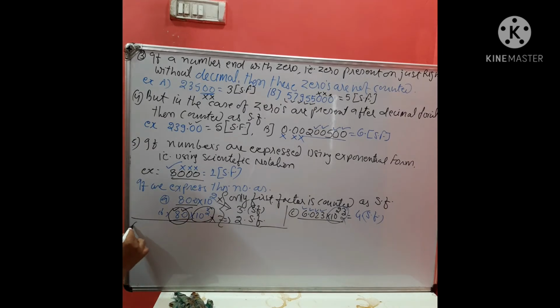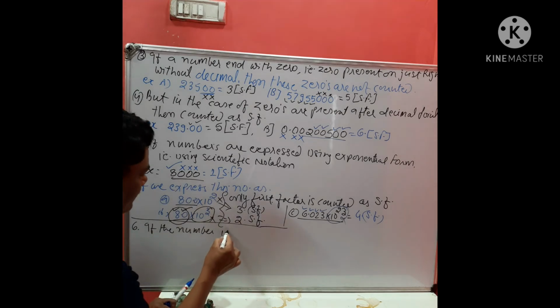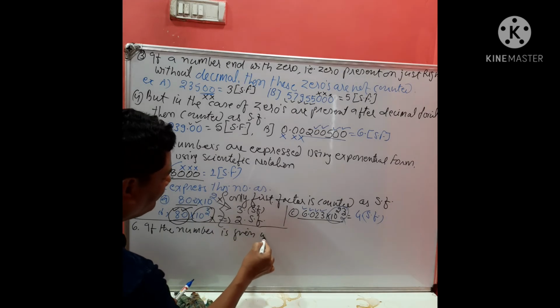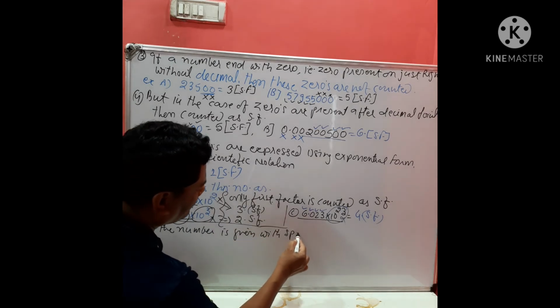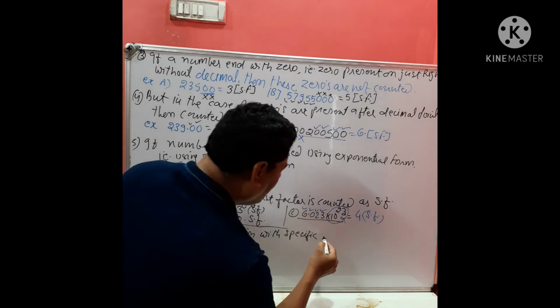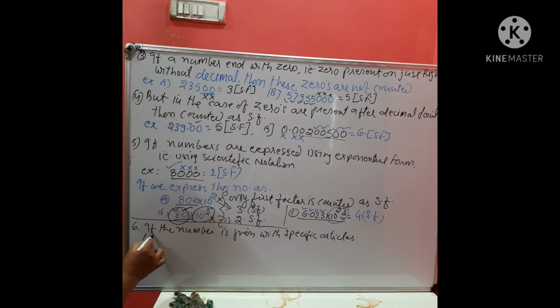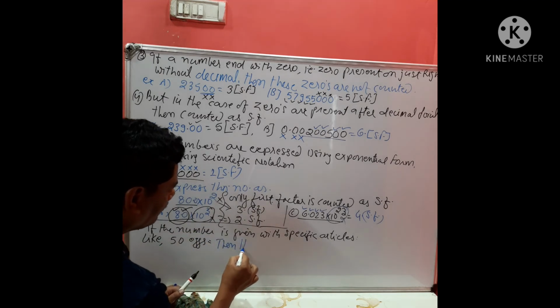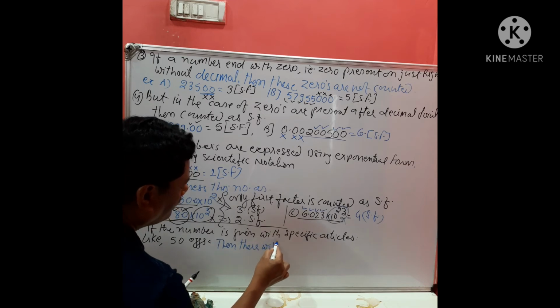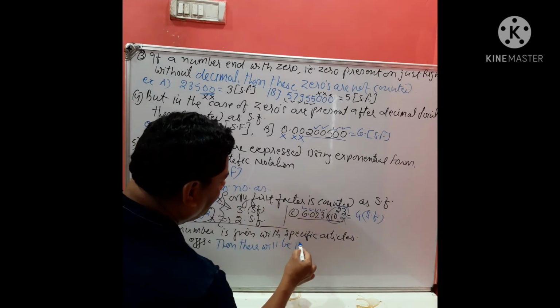Okay. Sixth, if the number is given with specific articles, like 50 eggs, then there will be infinite significant figures.